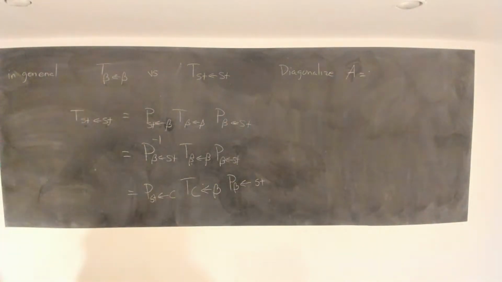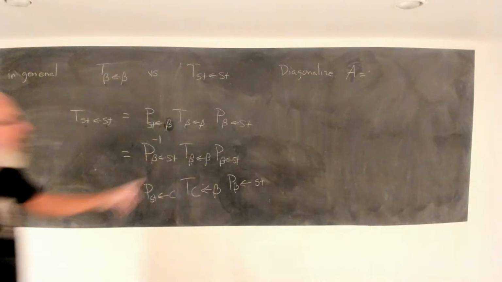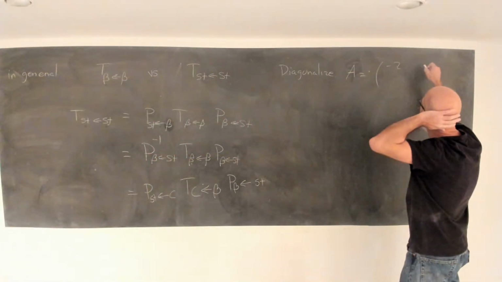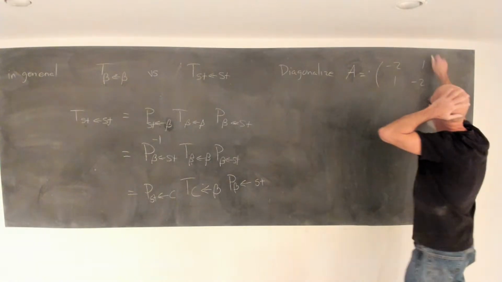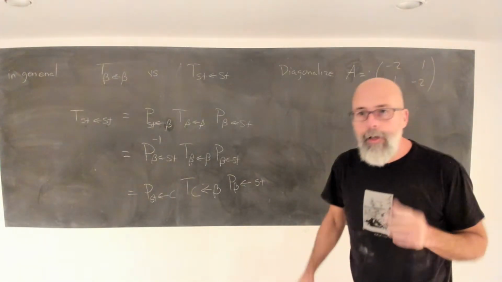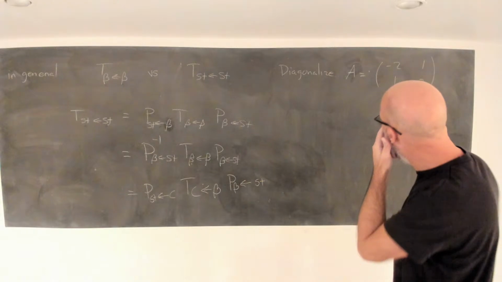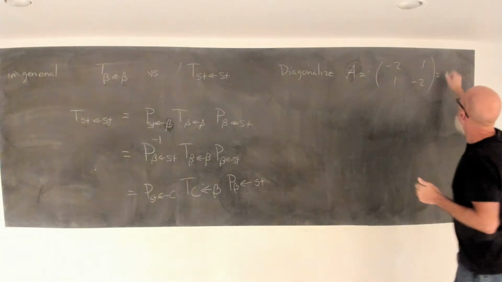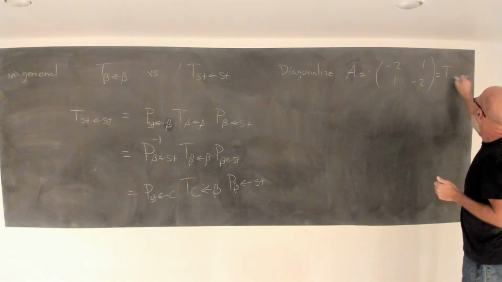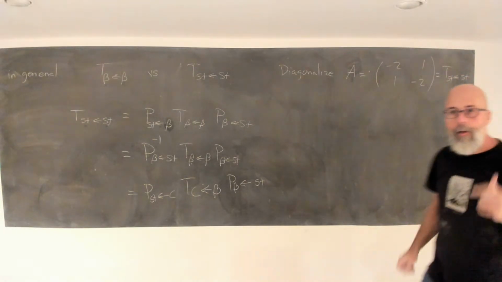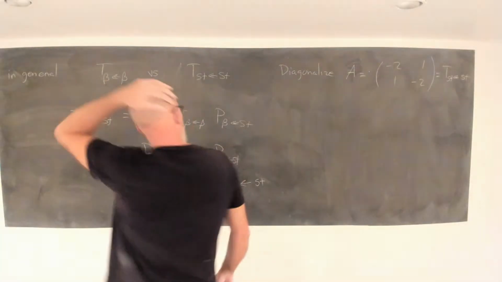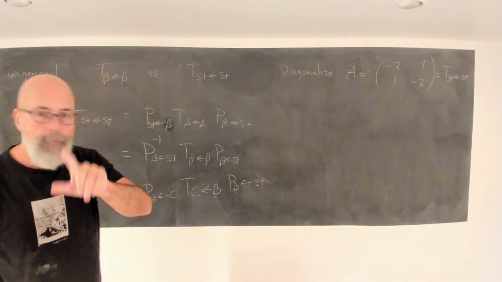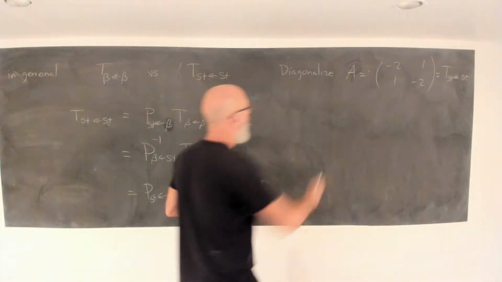What was the matrix representation for T from standard to standard? I want to say -2, 1, 1, -2. Is that correct? Thank you. Let's diagonalize this matrix. Can we diagonalize?